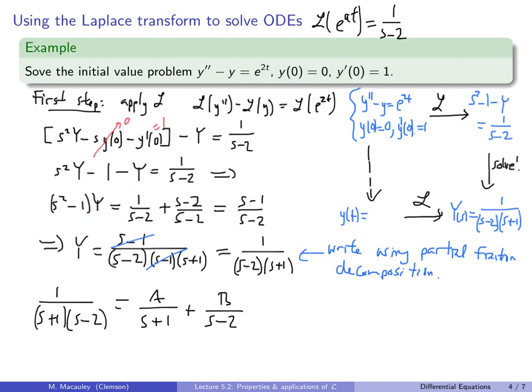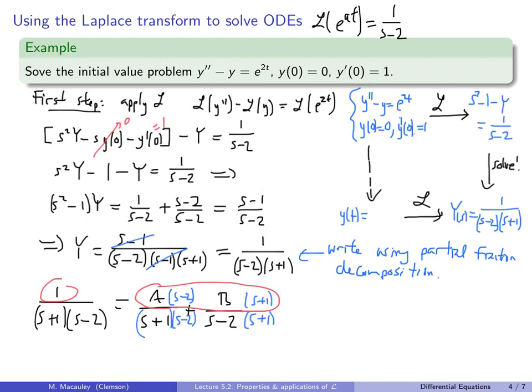So we have to multiply by s minus 2 over s minus 2 on the first term, and s plus 1 over s plus 1 on the second. Now we have to set this fraction equal to that fraction, although the denominators are the same, so we can ignore the denominators and just look at the numerators.